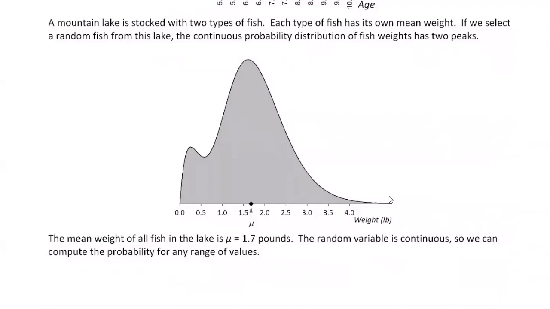So you're going to have a mode there for the smaller fish, and another one there. That's for the bass, the larger fish. And this is a data set that we call bimodal.